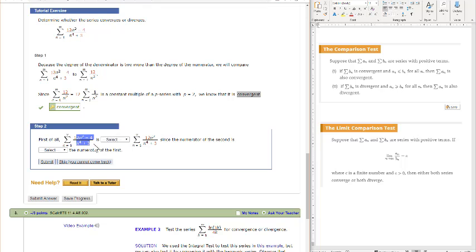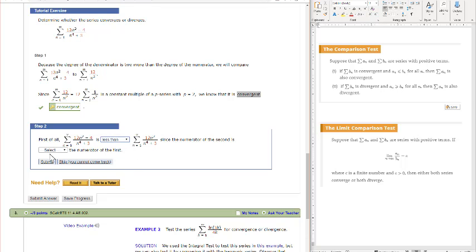So the original series is going to be, well, is it going to be greater than, or less than or equal to this? So it looks like here they took a negative 4 out. So negative 4 makes this smaller than if it didn't have a minus 4. So this is going to be less than.